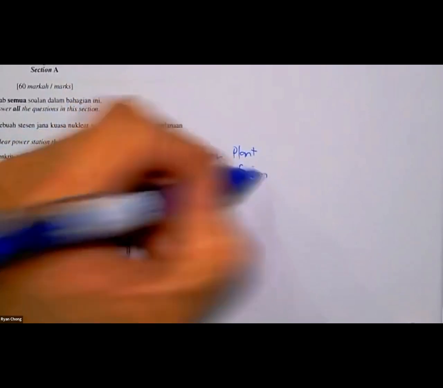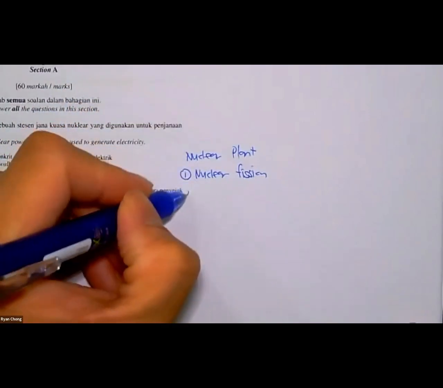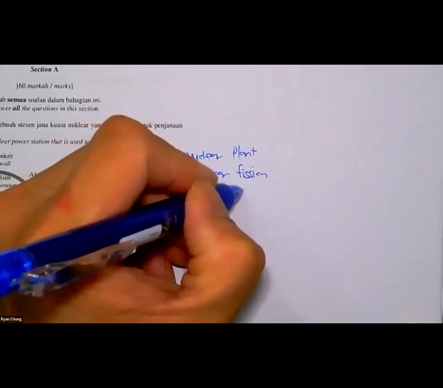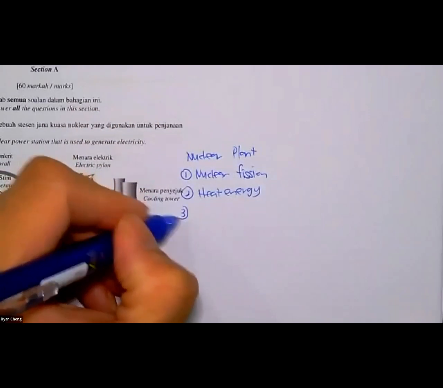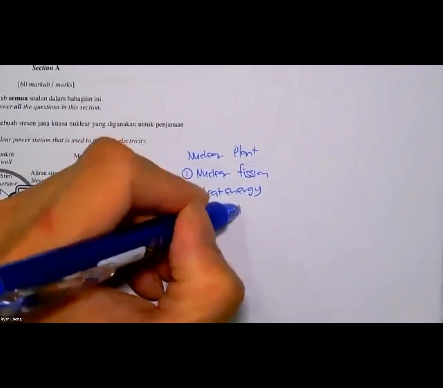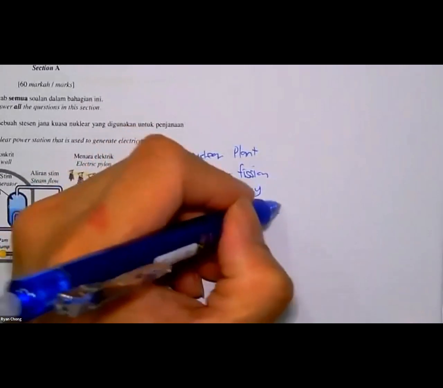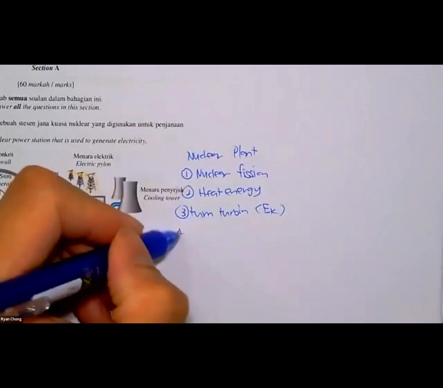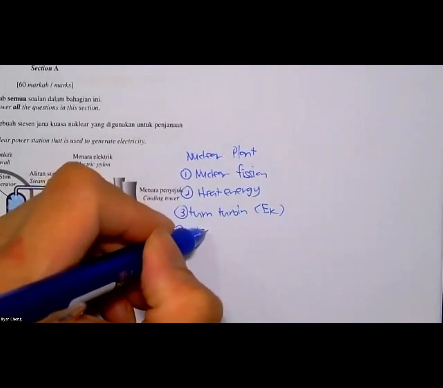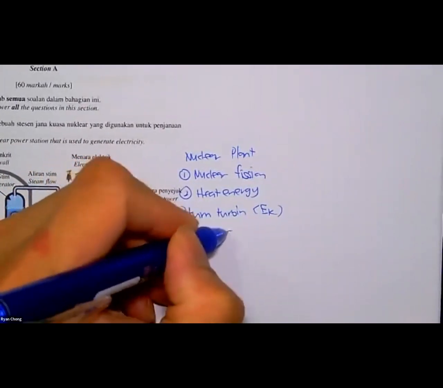Let's say for this one, nuclear fission. Nuclear fission, then you will have heat energy release. The heat energy release, the heat will turn the turbine. That's where you have your kinetic energy. So from the kinetic energy, then you will have your electromagnetic induction.